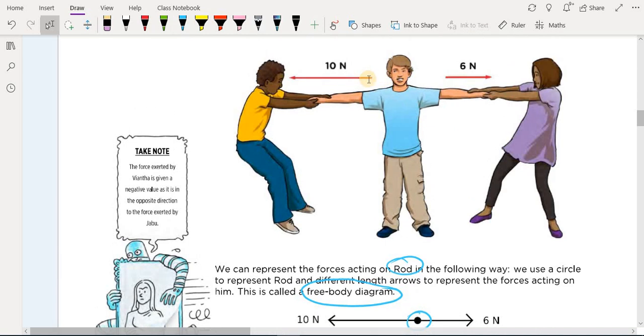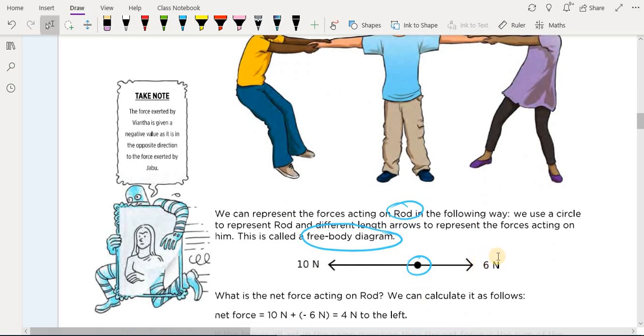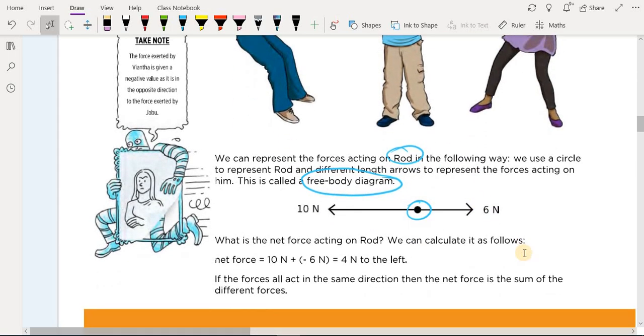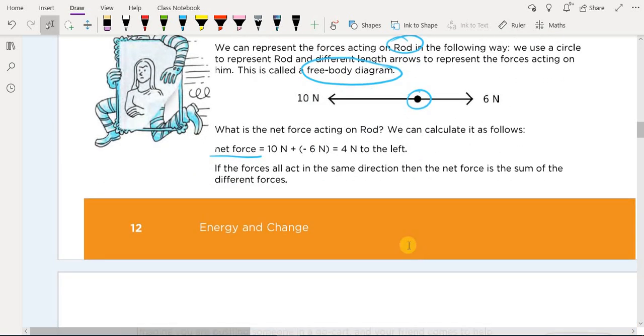You've got 10 newtons being pulled to the left, 6 newtons to the right. And if you work out the net force, 10 minus 6 equals 4 newtons to the left. So the net force or the resultant force will be in the direction of the bigger force. Okay, that's page 12.